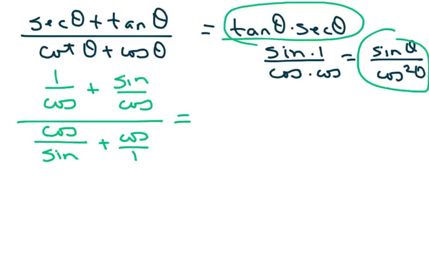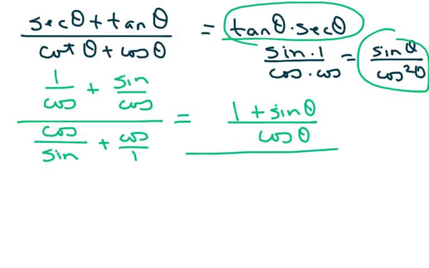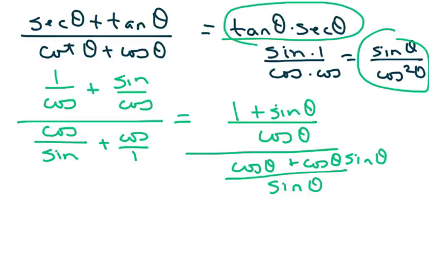So this is just going to be 1 plus sine theta over cosine of theta over cosine theta plus cosine of theta over sine theta. And we should cross multiply here, so this is times sine theta.